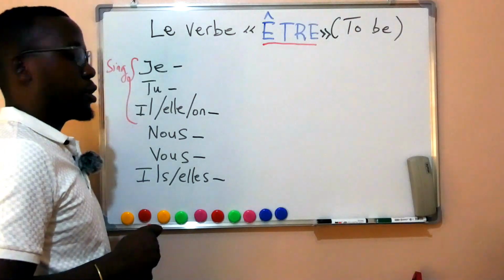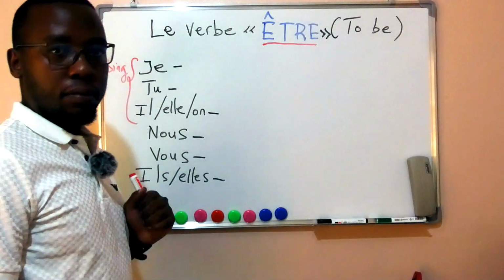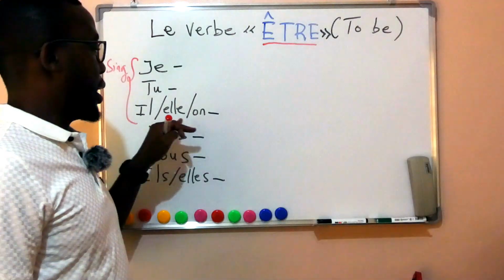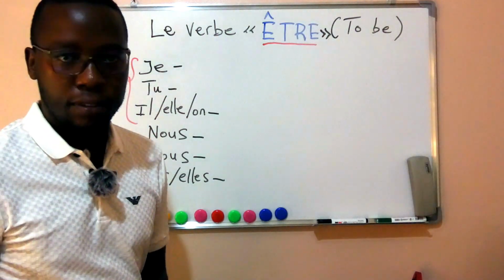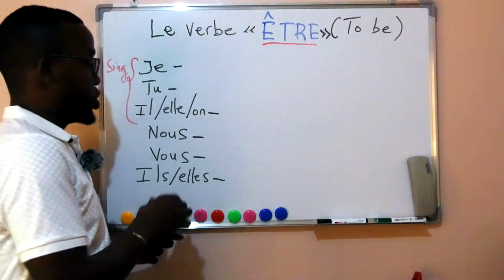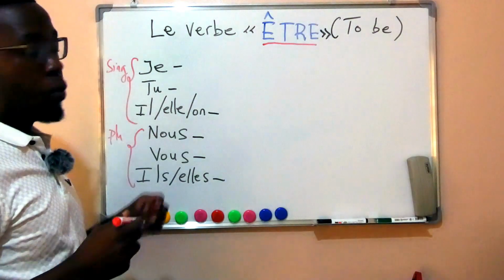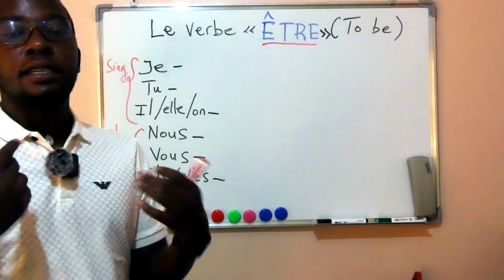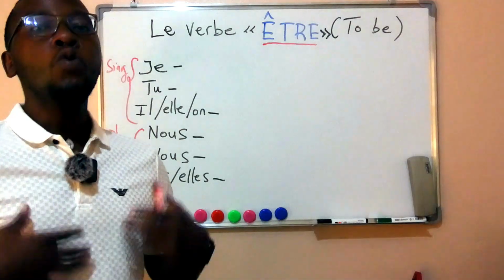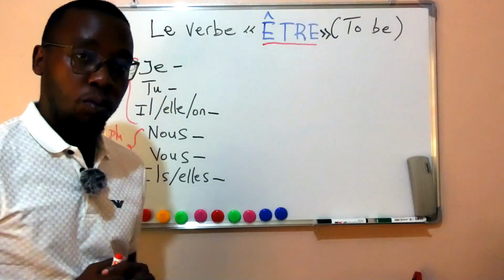Now this is first person singular, this is second person singular, and il, elle, and on are third person singular. But then after that we have the plural, that is nous. Nous means we, in Luganda they say fait. And then vous means you.